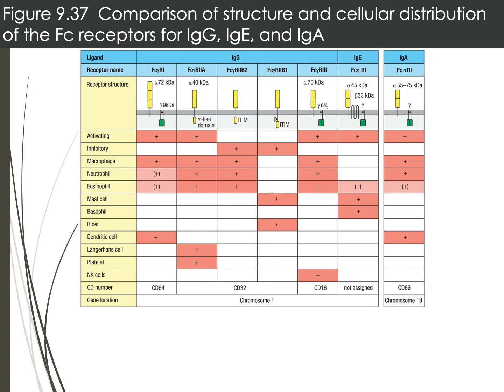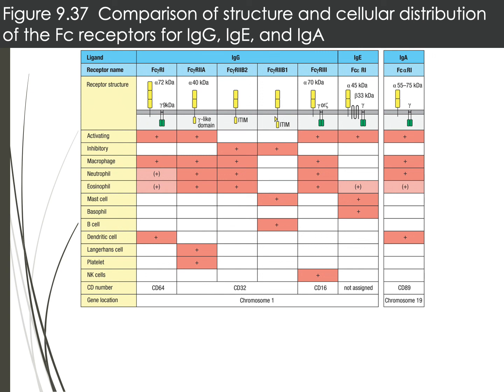And keep in mind the different classes of antibodies. These Fc receptors can be found on different immune cells, which then means that when the antibodies bind to these Fc receptors, it causes a different response from that cell.